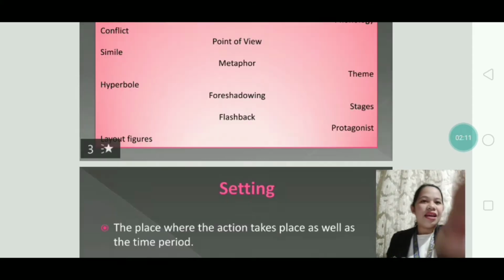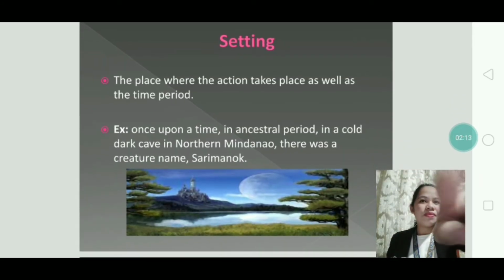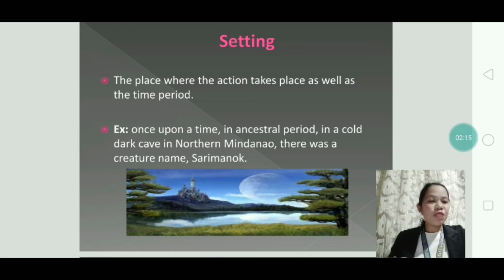Okay, let's proceed. Now, I will explain and introduce to you all of the aforementioned literary elements. First, we have the setting. What is setting, by the way? The place where the action takes place as well as the time period. For example, once upon a time in an ancestral period, in a cold, dark cave in northern Mindanao, there was a creature named Sarimanok.